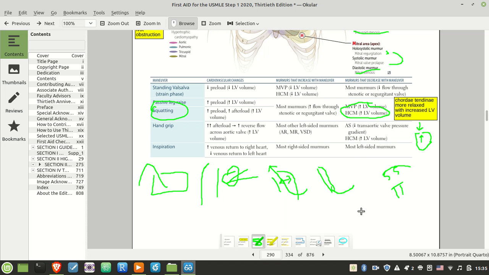So in a ventricular septal defect, here's the left ventricle, here's the right ventricle. What ends up happening is you've got a bunch of blood getting shunted from the left ventricle to the right ventricle, hence septal defect.